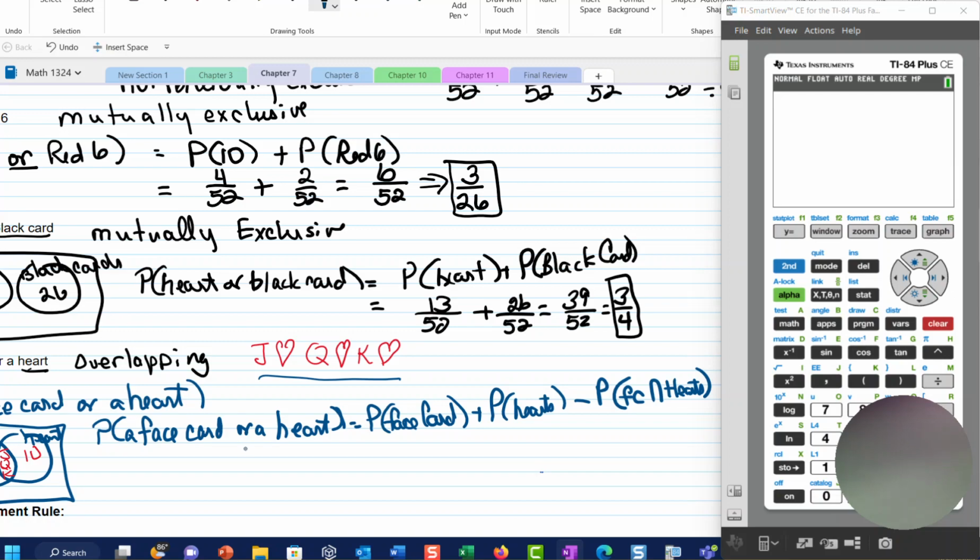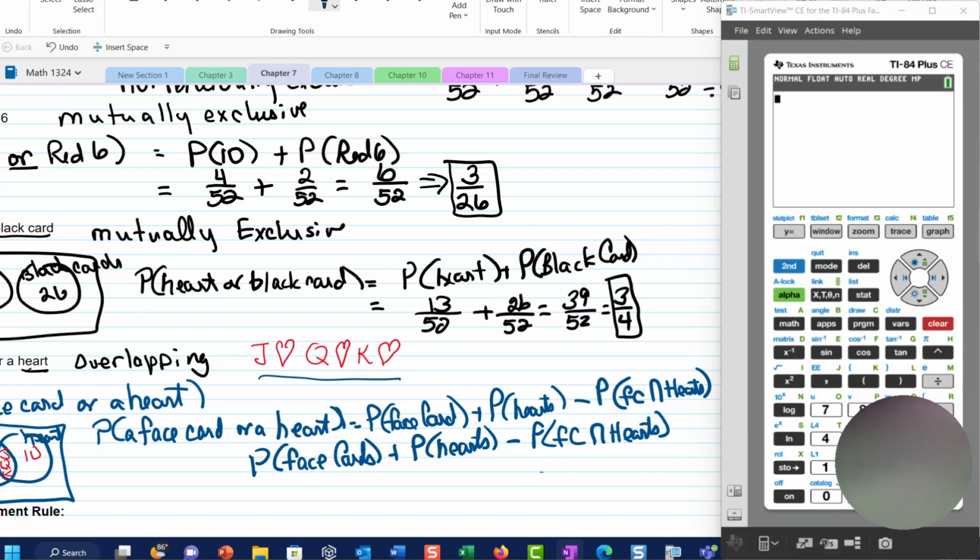So I'm going to have the P of face cards plus the P of hearts minus P intersect, the probability of face cards intersect hearts.